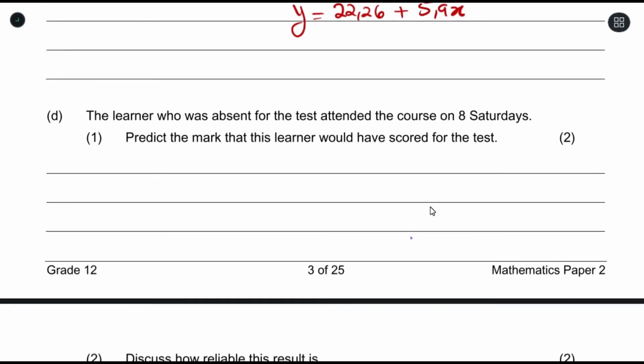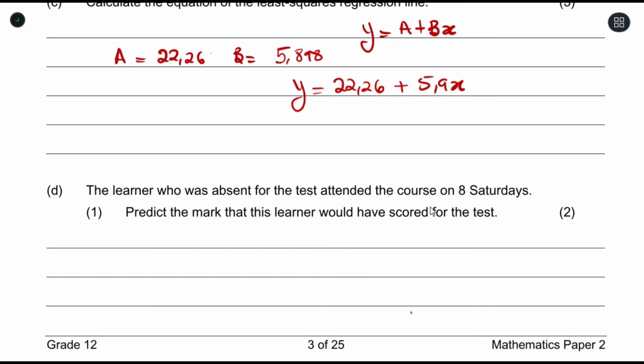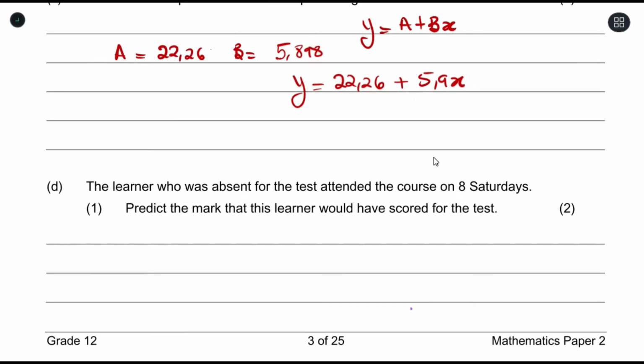We go to D. D says the learner who was absent for the test attended the course on 8 Saturdays. Okay, predict the mark that this learner would have scored for the test. Now we just need to substitute 8 into this equation. So we have Y is equals to 22.26 plus 5.9, then we substitute 8.